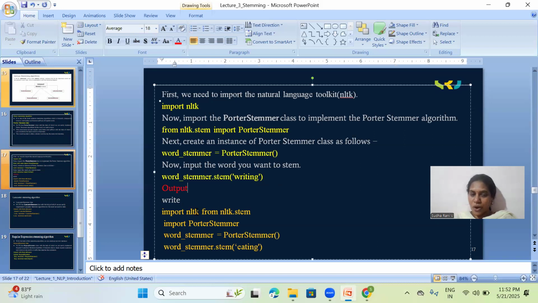Walking, walk. Comfortable, output is comfort, like that. By using the PorterStemmer, which is the default stemming used in the English language, the root word is generated. This is a simple example.